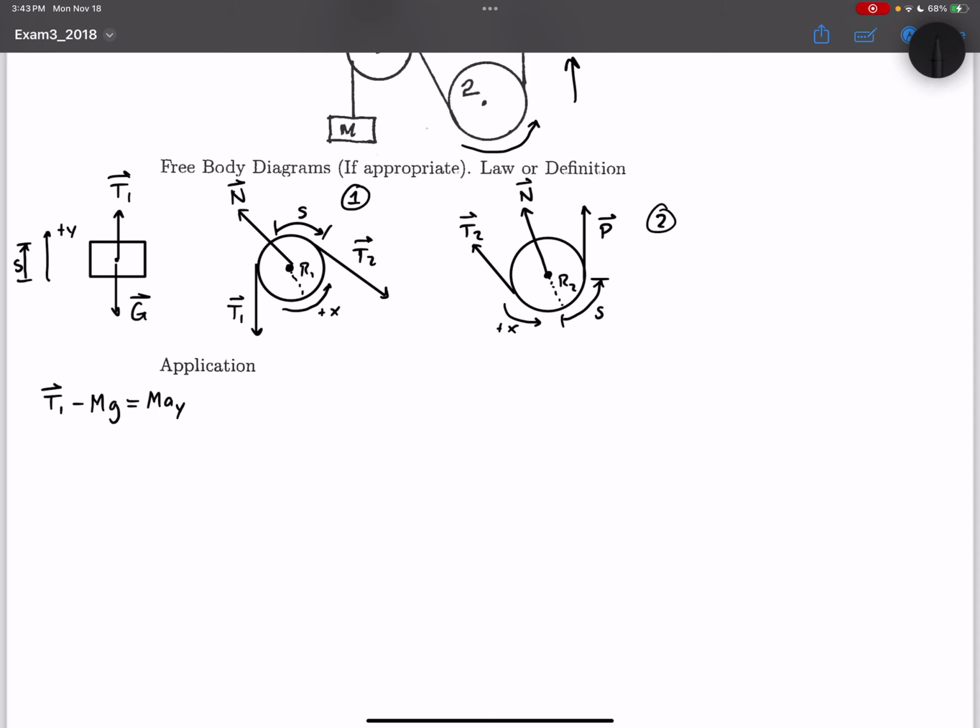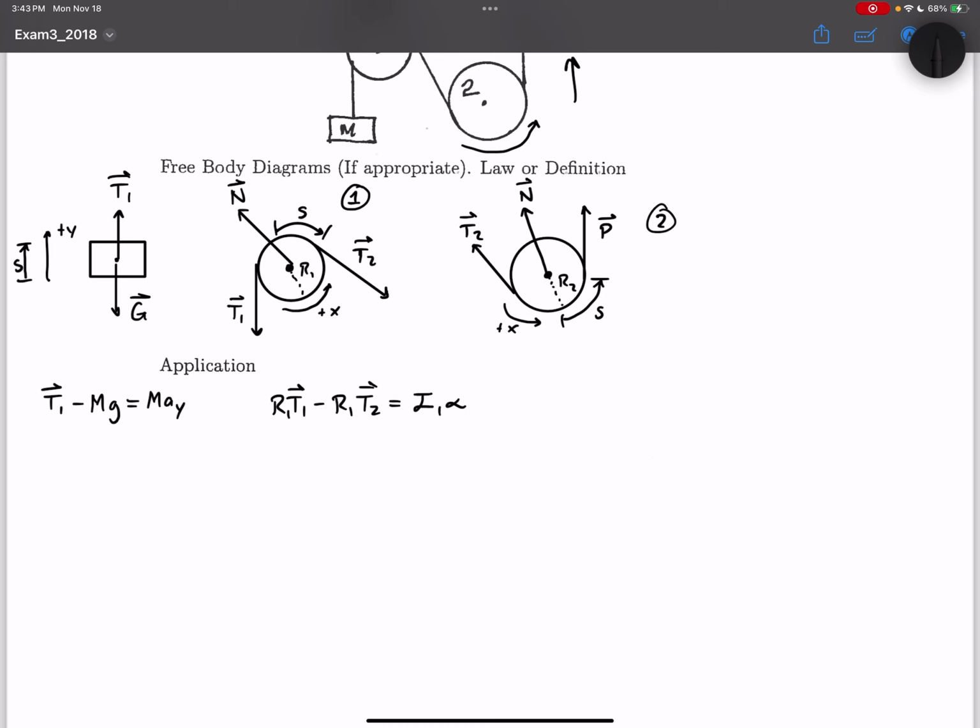And then pulley 1 is going to have, let's see, tension 1 pulling it in the counterclockwise direction, so it's going to be positive. So R times T1, minus, since tension 2 is pulling it in the clockwise direction, R1 times T2, and that's going to be equal to I alpha.